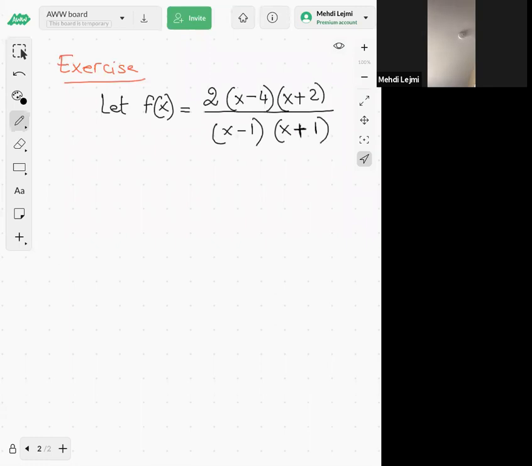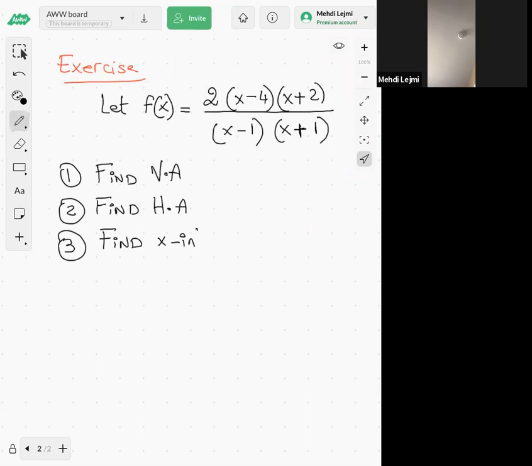So first, please find the vertical asymptote. 2, find the horizontal asymptote. 3, find the x-intercept. 4, find the y-intercept. And 5, graph f of x.